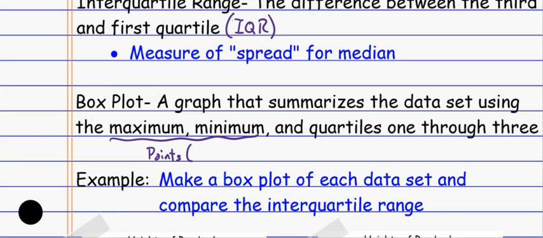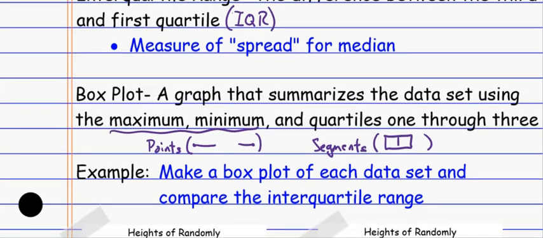Those pieces on the end will go to the maximum and the minimum, okay? And then the quartiles are our box piece. These are graphed as line segments. Those are the pieces in the middle that make this box. The two ends of the box are the first quartile and the third quartile. The middle of the box is the median, which is the second quartile, okay?